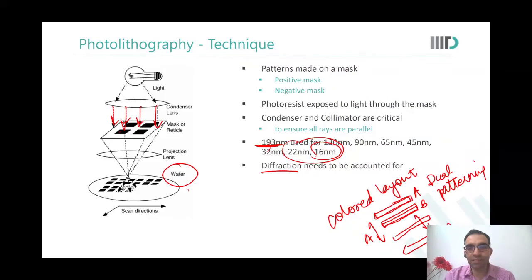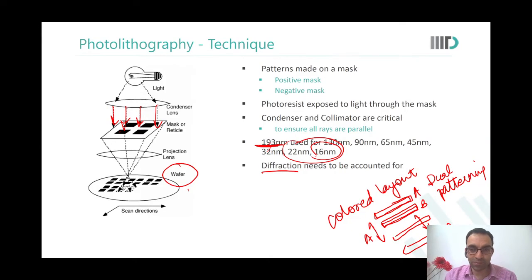Sir, what is this term colored layout you have used? Color layout means that, otherwise poly is just poly, for example. You just make all the polys the same way. Color layout means that now there are 2 colors in the layout. Poly also is of 2 colors. Have you seen a layout in your refresher course? Yes, sir. Red color could be used for poly, green for active, and so on. So all poly was red only?